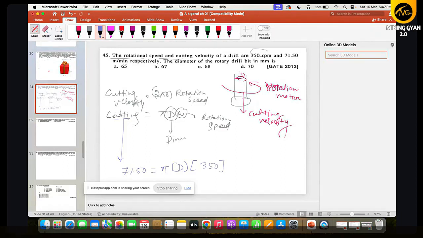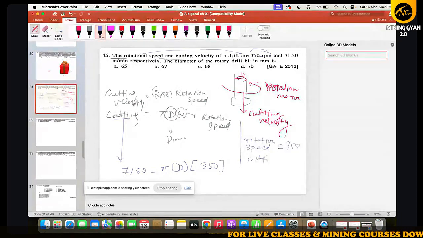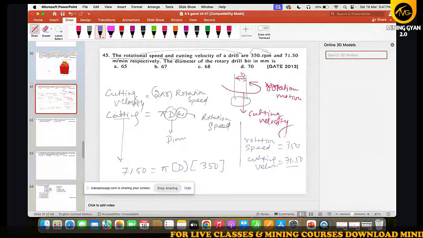The rotation speed is given as 350 and the cutting velocity is given as 71.50. Diameter we have to find out.